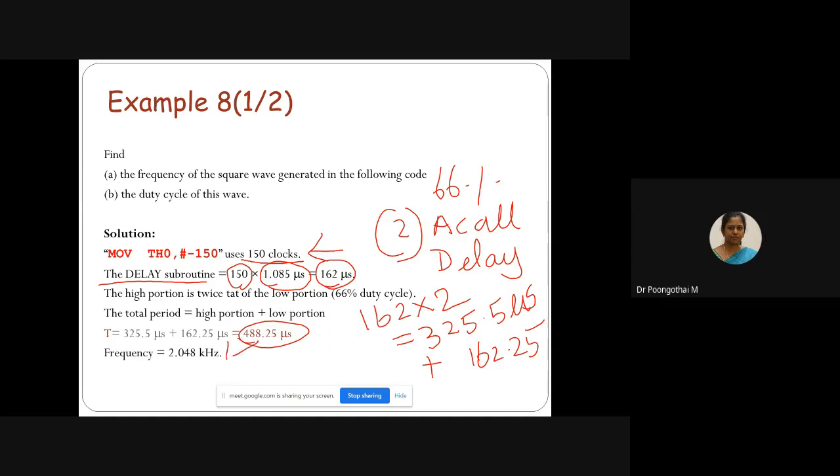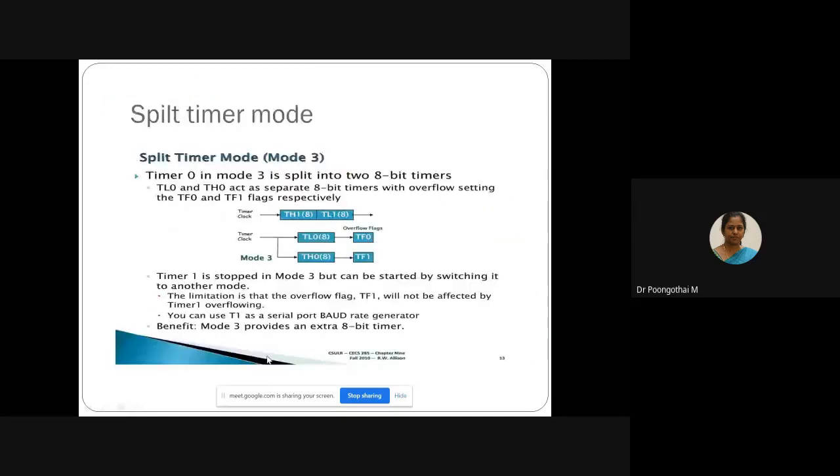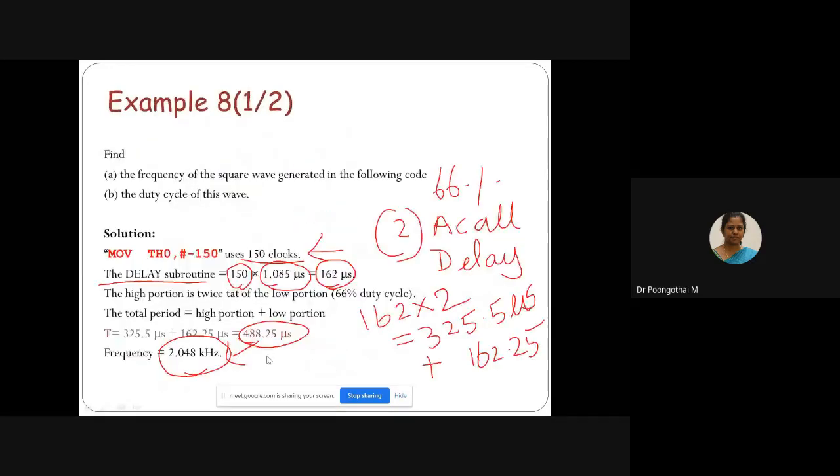Converting this into frequency at port 1.3, a 2 kilohertz frequency square wave will be generated on P1.3. So that is the inference. Is that clear?